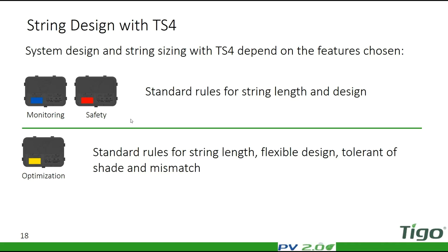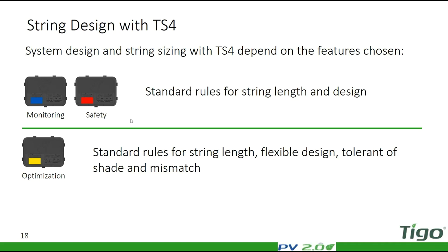All right. So whatever your standard system design guidelines are, your minimum or maximum number of panels per string, whether it's a south-facing roof or east and west with dual MPPT inverters, whatever you do with typical solar panels, this is what you should do with the TS4 RM, TS4 retrofit monitoring, and with the TS4 RS, TS4 retrofit safety.